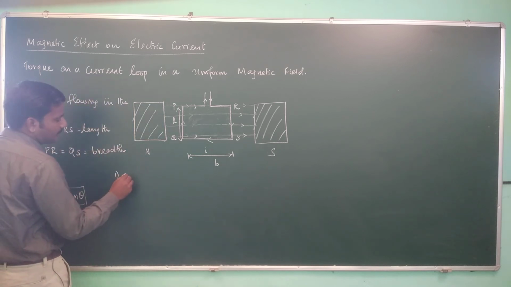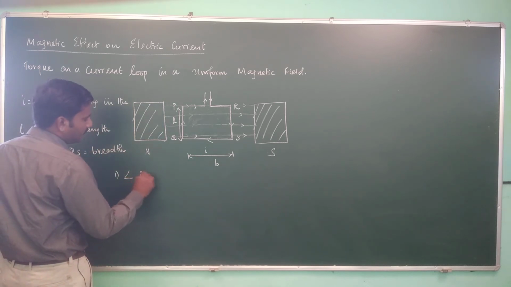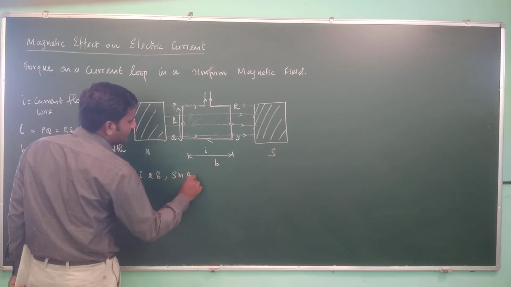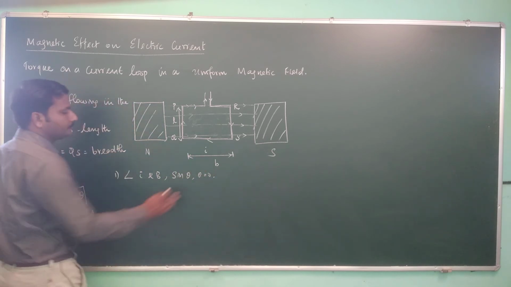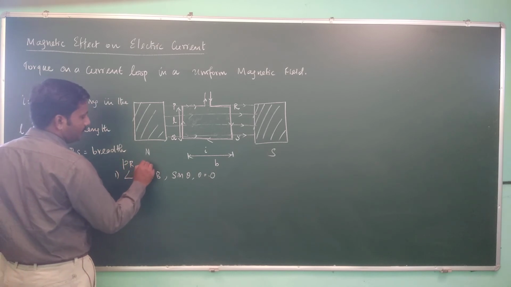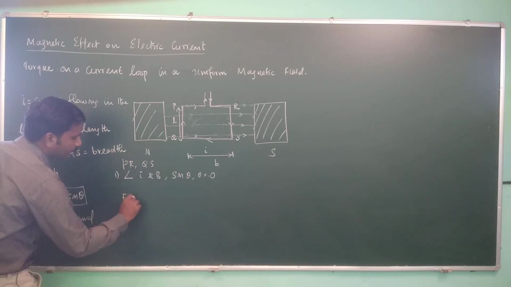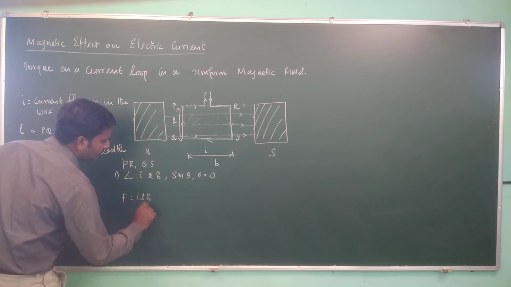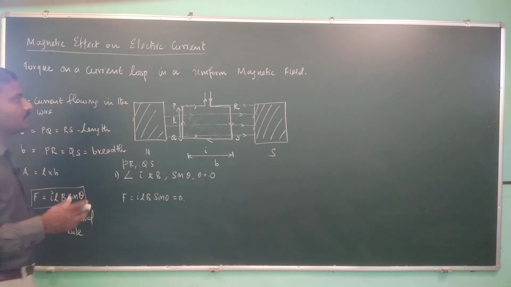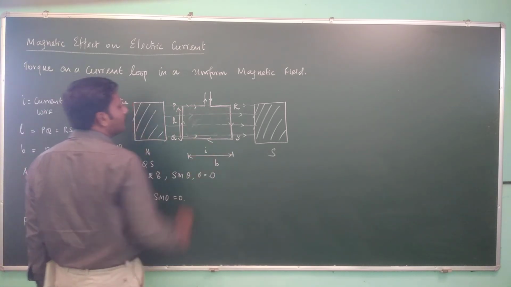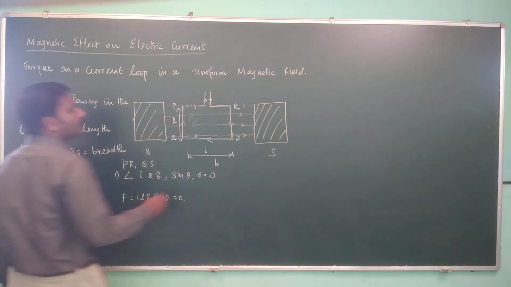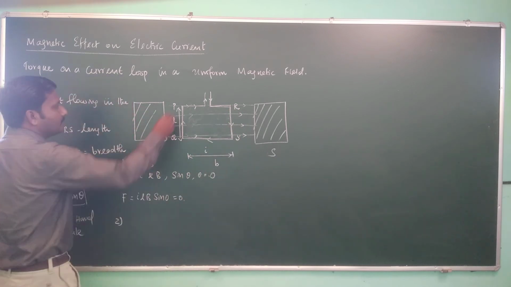So in the first case, the angle theta between current and B is 0. Force is nothing but I L B sin 0, so this becomes 0. So there is no force experienced on the sides PR and QS. Fine. And the second case, the side RS and the side PQ.